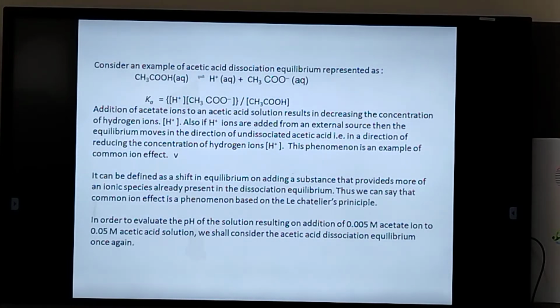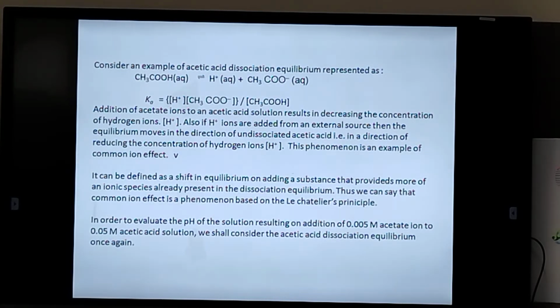Addition of acetate ions to the acetic acid solution results in decreasing the concentration of hydrogen ions. Also, if H+ ions are added from an external source, then the equilibrium moves in the direction of undissociated acetic acid, that is, in the direction of reducing the concentration of hydrogen ions.